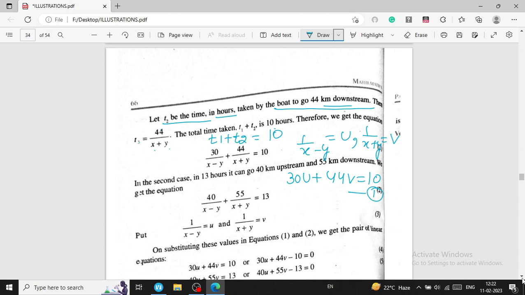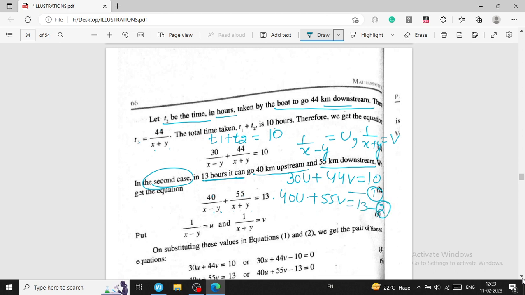In the second case, in 13 hours, the boat goes 40 kilometers upstream and 55 kilometers downstream. So we write 40 over x minus y for upstream, and 55 over x plus y for downstream, equal to 13. The equation will be 40u plus 55v is equal to 13. That is your second equation.